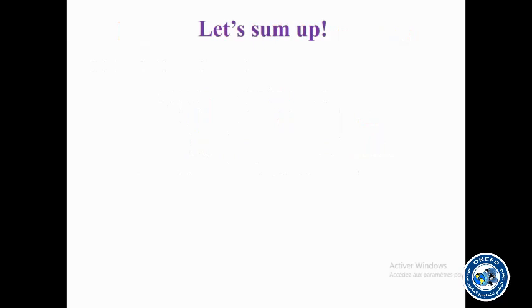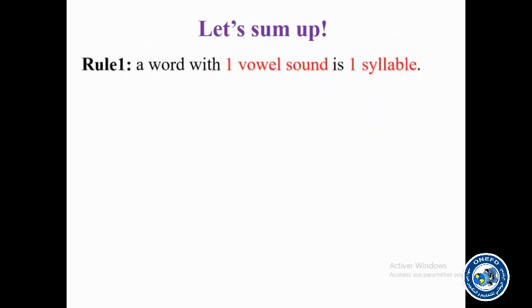So let's sum up before practicing. Rule number one, a word with one vowel sound is one syllable. Remember, I say one vowel sound, I did not say one vowel. A vowel sound can be made with one vowel, or with two vowels.